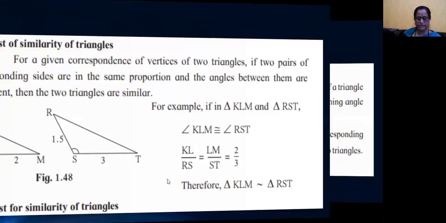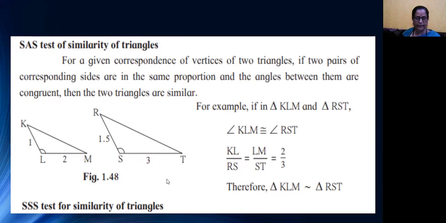In the next test, we are going to study the SAS test, meaning side-angle-side test. For corresponding vertices of two triangles, if two pairs of corresponding sides are in the same proportion and the angle between them is congruent, then these two triangles are similar.